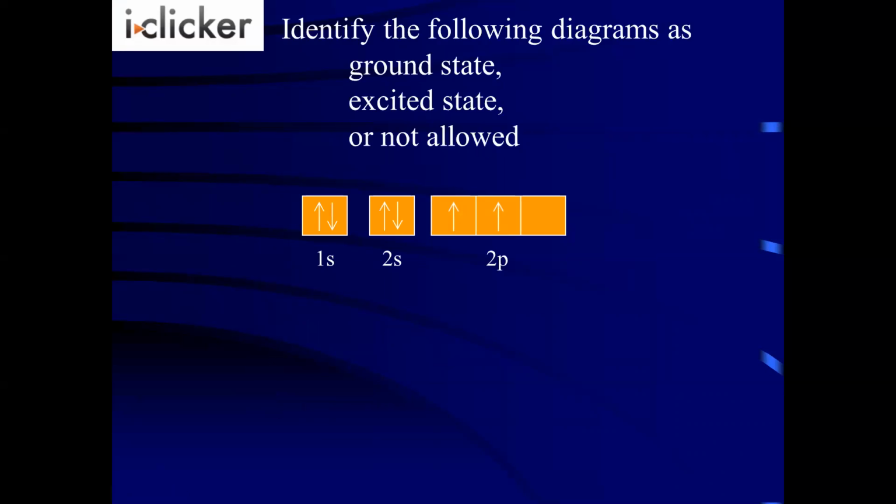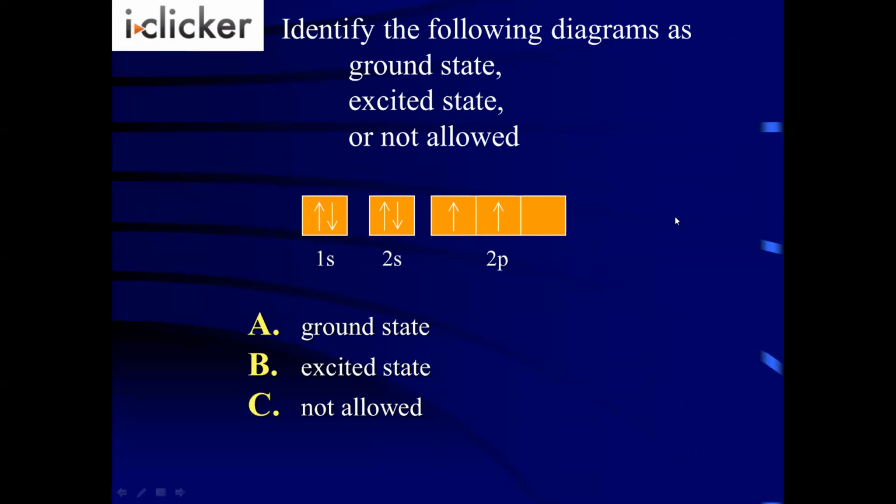This one actually belongs to the excited state because it does not disobey any principle. It's not against the Pauli exclusion principle. And this one is ground state because it has the lowest energy.